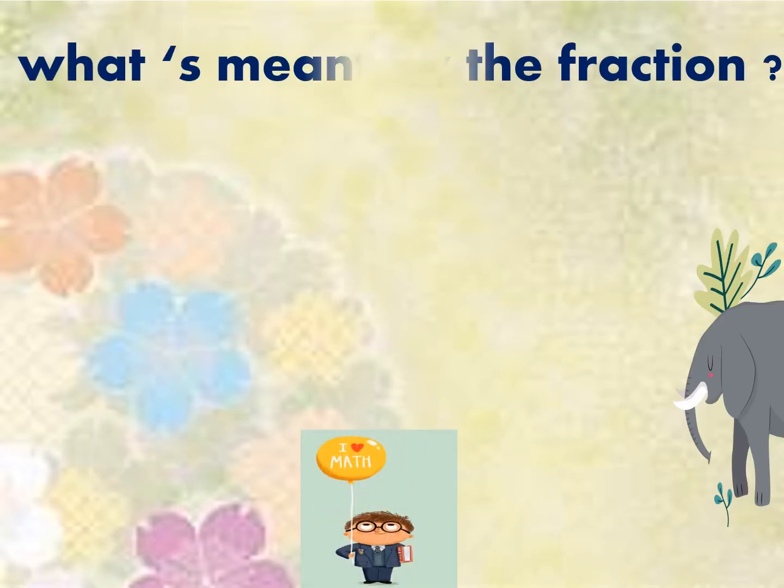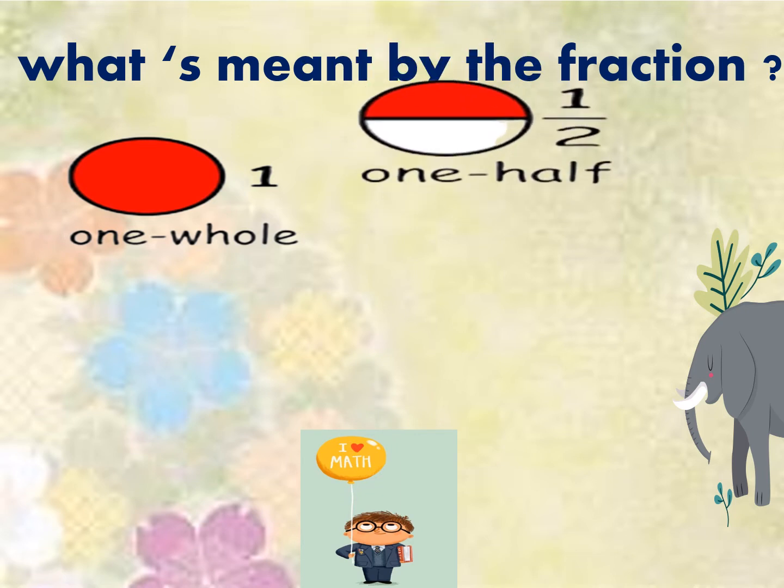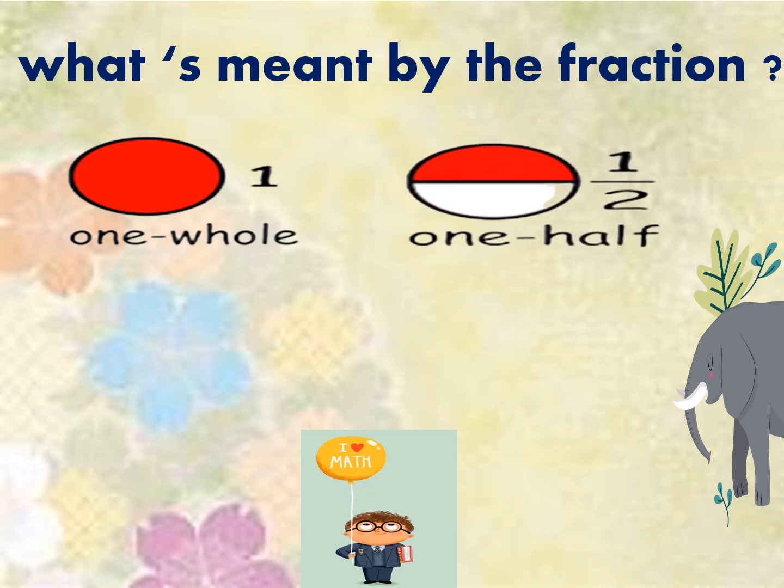What is meant by the fraction? Let's make a small revision. The first type of the fraction, 1/2. Remember that on the top I write the number of the colored parts and a dash, then at the bottom I write the total number of parts.